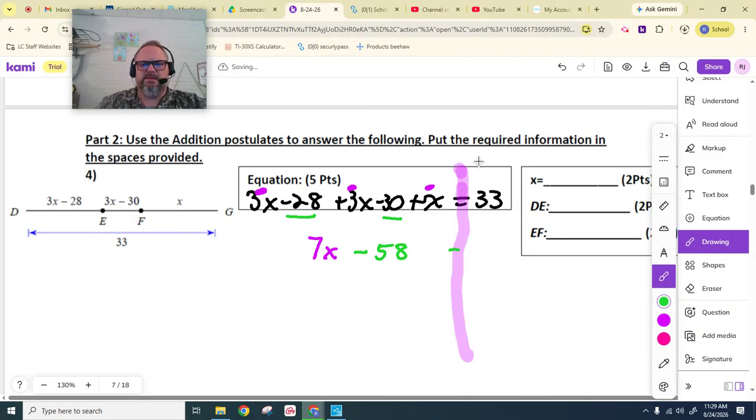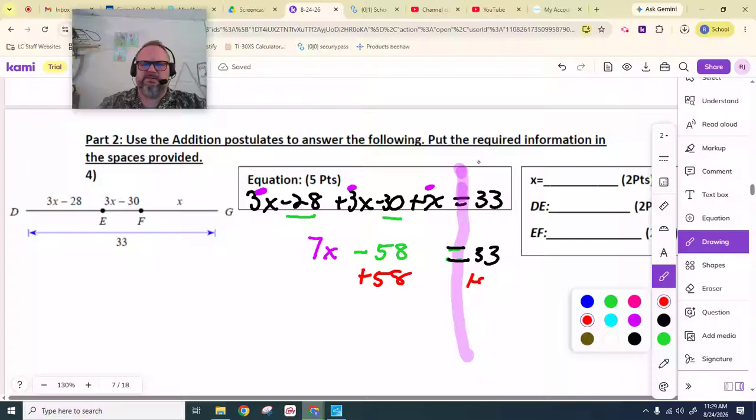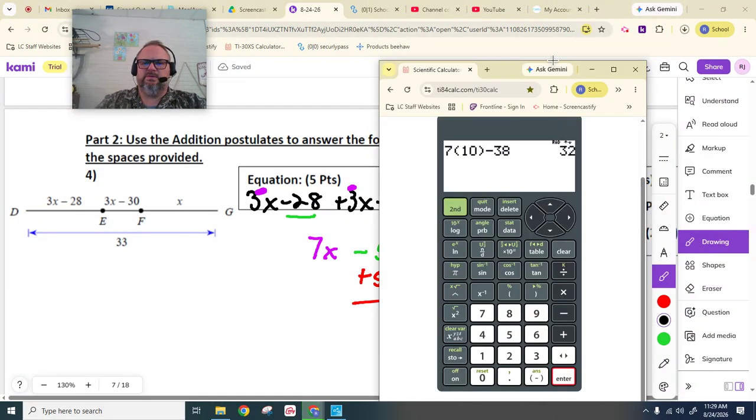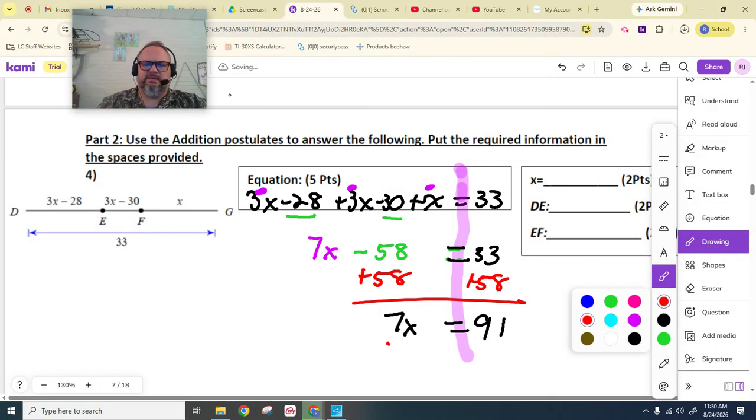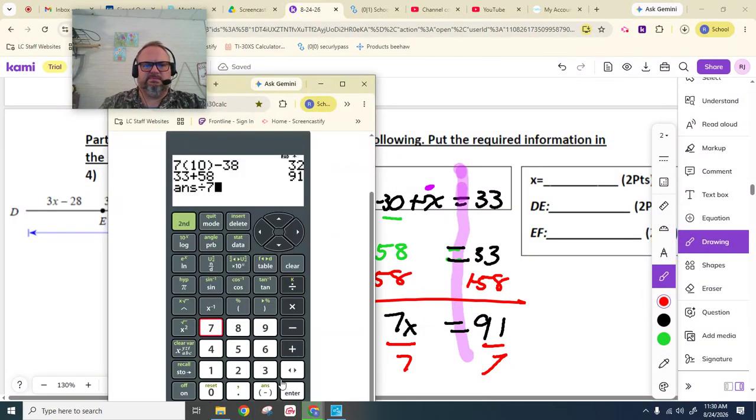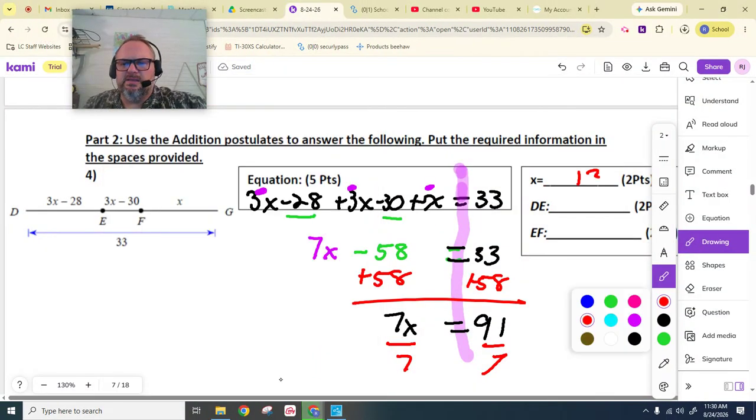All right, equals 33. Add 58 to both sides. So 7x equals 33 plus 58, which is 91. So x is 13.